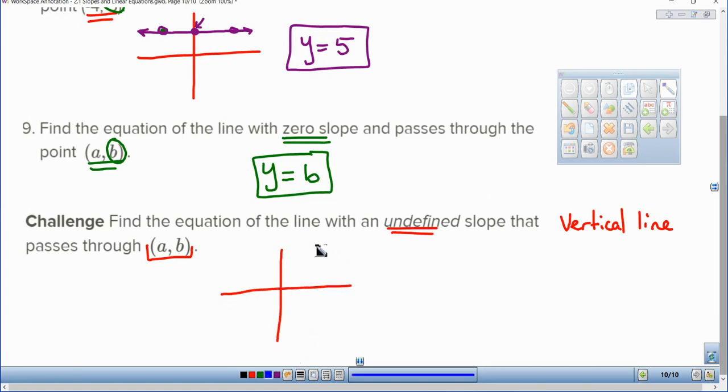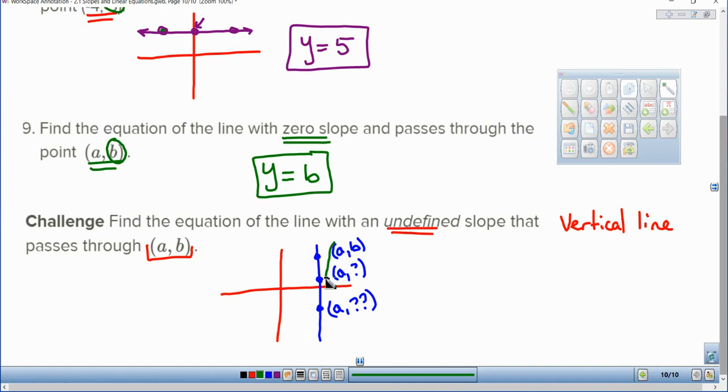If we have a vertical line, I don't know whatever these points are, but let's say that this one is A, B, then this one would be A, comma, not B, but something else. And this one would be A, comma, something different than that.